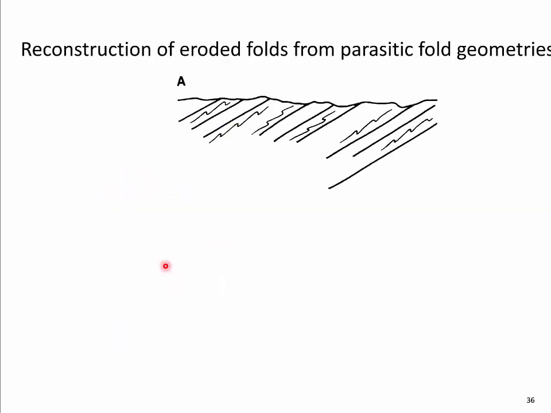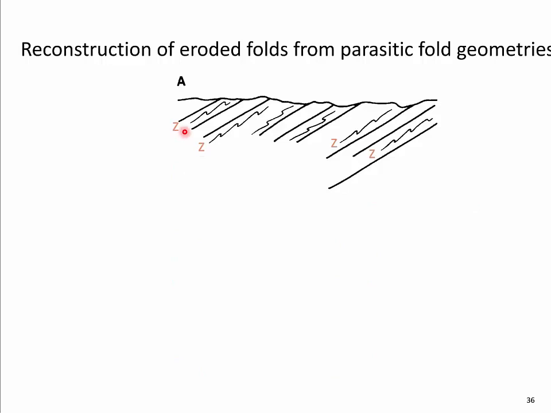Let's assume what we see here is an outcrop of a layered folded sequence in a road cutting or in a rock face in a quarry. We see here that there are layers that have small scale folds with long, short limb geometries, and these long, short limb geometries are changing when we map across such an outcrop face.